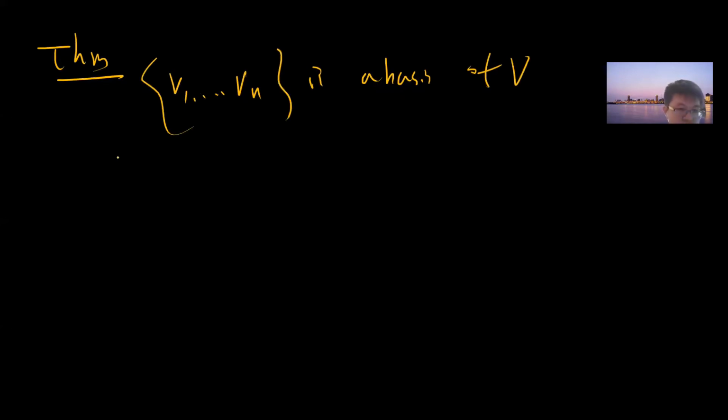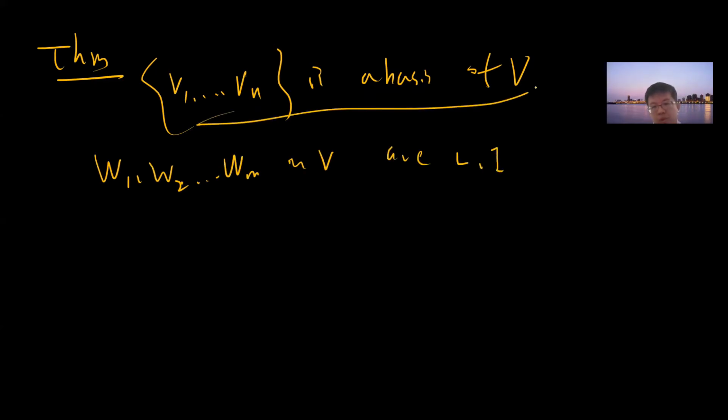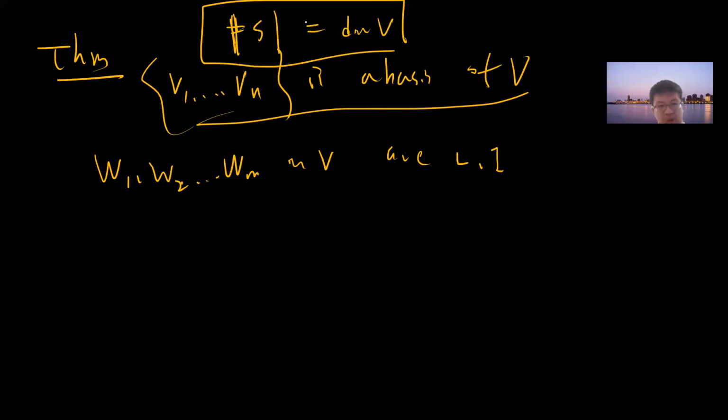So there is a small theorem that is also intuitive. We say that V1 up to Vn is a basis of V, and W1, W2, up to Wm in V are linearly independent. In an n-dimensional vector space, by the way, the number of elements in S is defined to be the dimension of V. It's not obvious for now that n is actually invariant.